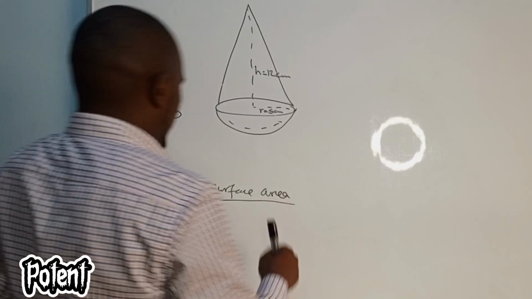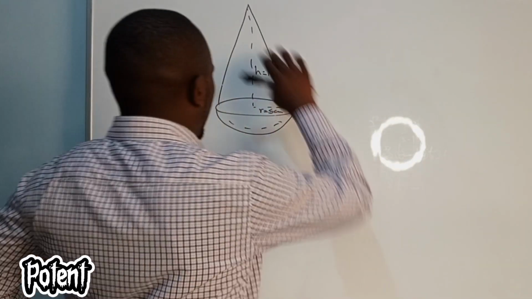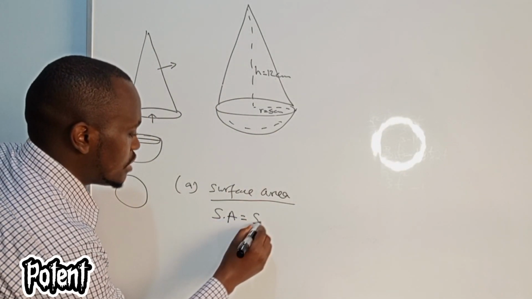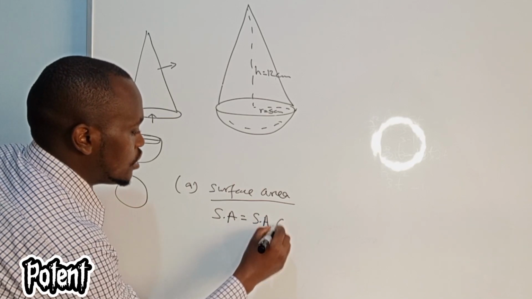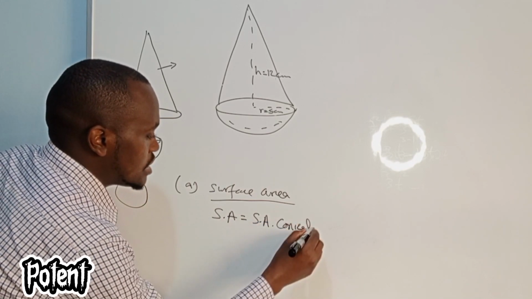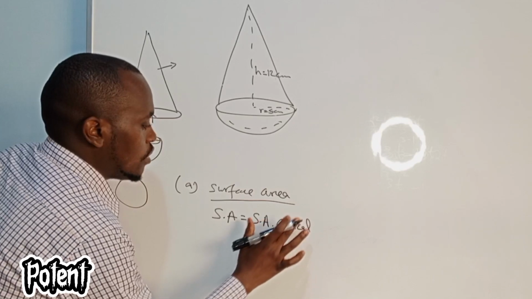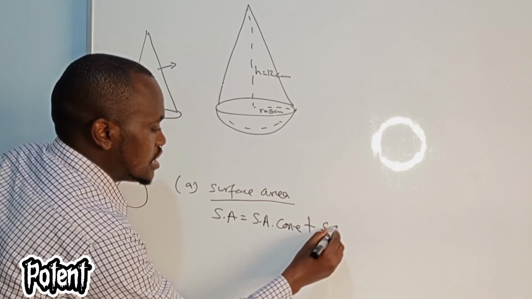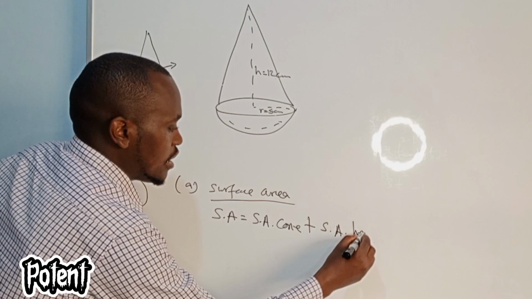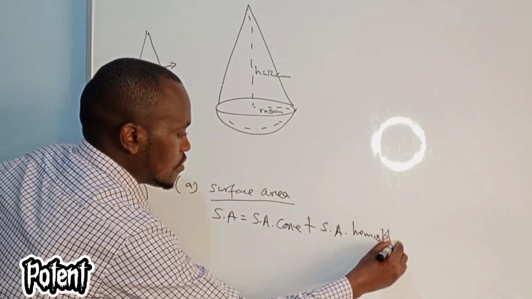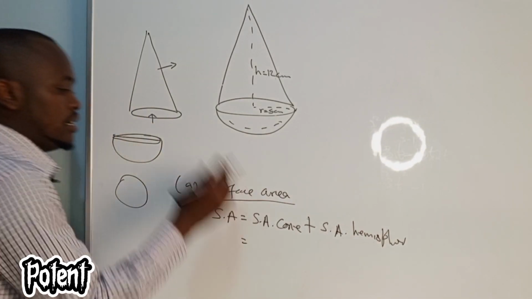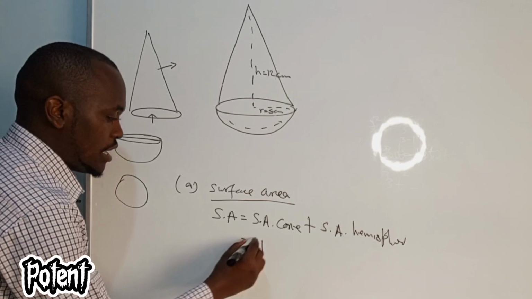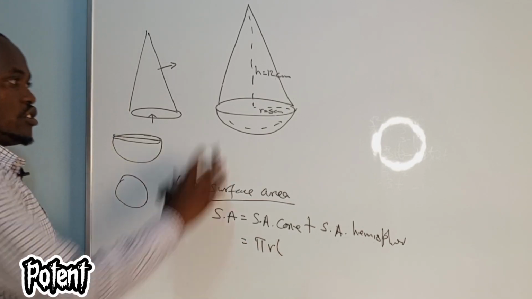Okay? So with that, your surface area is equals to surface area of the conical part, or of the cone, plus surface area of the hemisphere. Surface area of a cone is given as pi r l, the conical part.